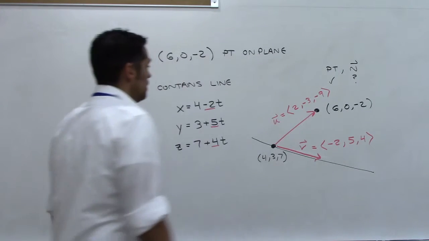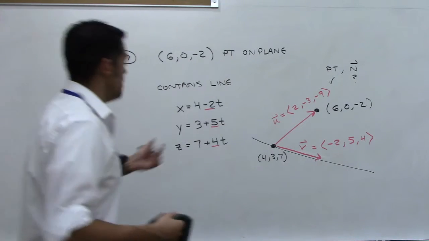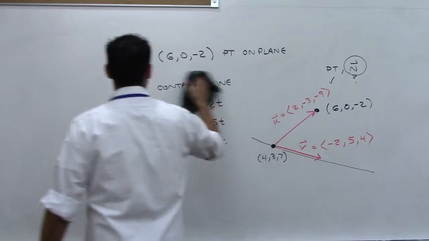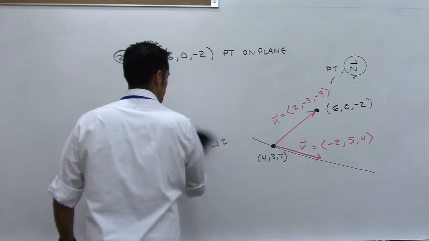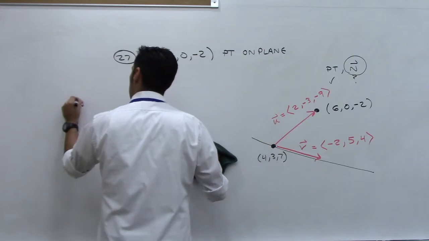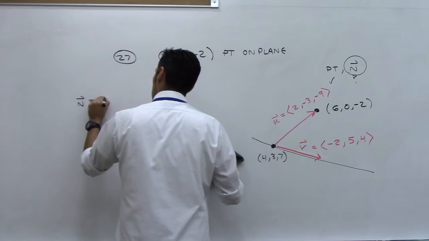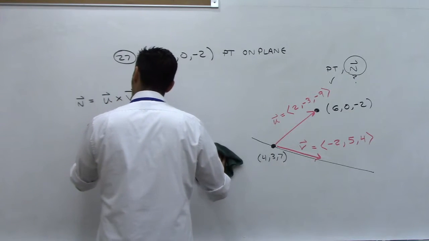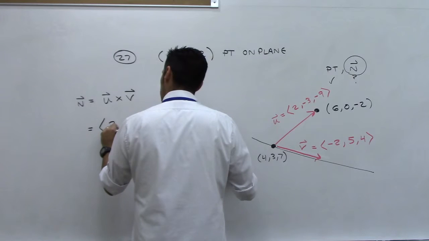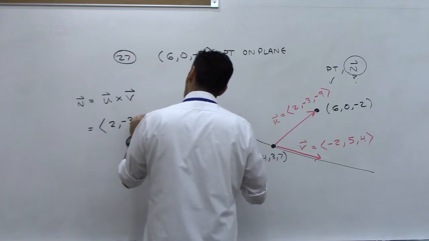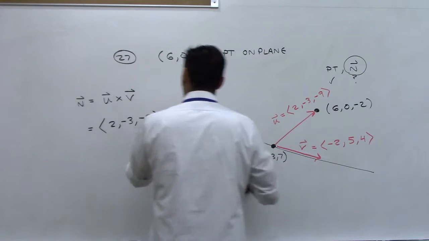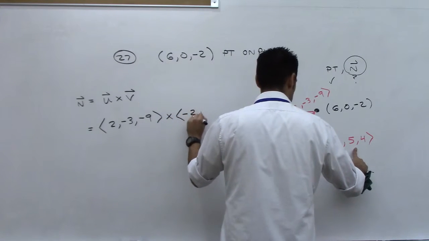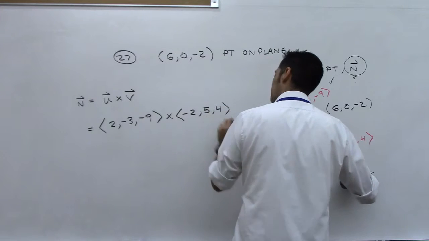So the normal vector for my plane is going to be the cross product of u and v. I'll do u cross v, which is u is 2, negative 3, negative 9, and cross that with v, which was the direction vector of the line, negative 2, 5, 4.